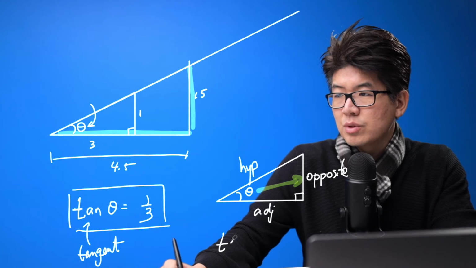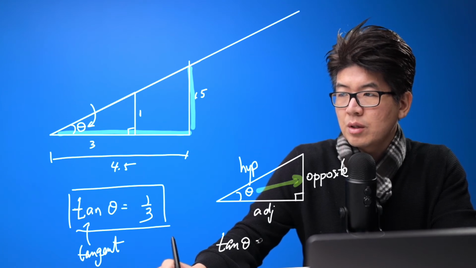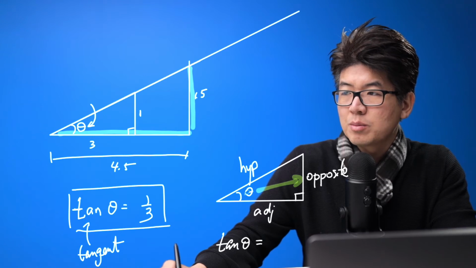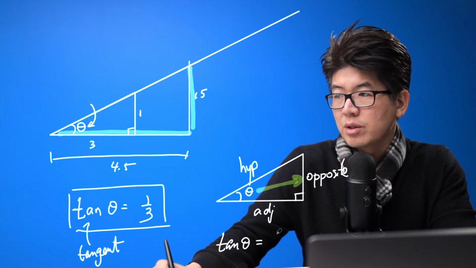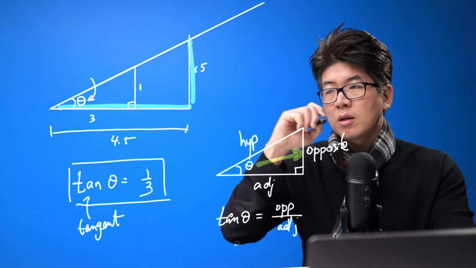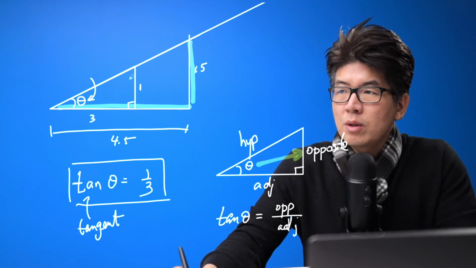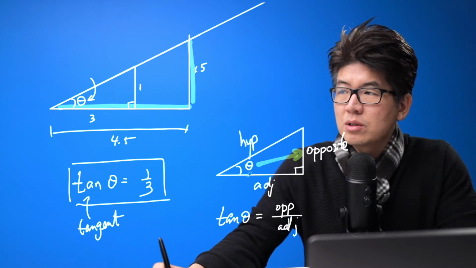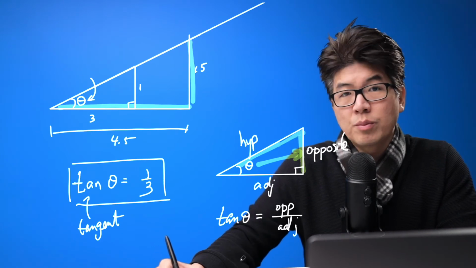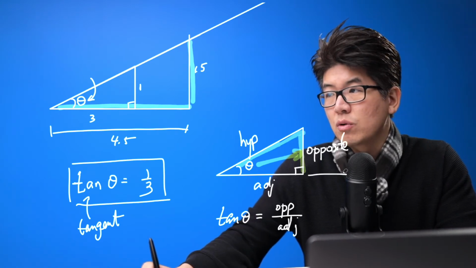So tangent, which we just described, is a ratio formed on any right angle triangle with this particular angle, defined to be opposite over adjacent. And the ratio between opposite over hypotenuse will also remain equal no matter how big of a triangle you make.